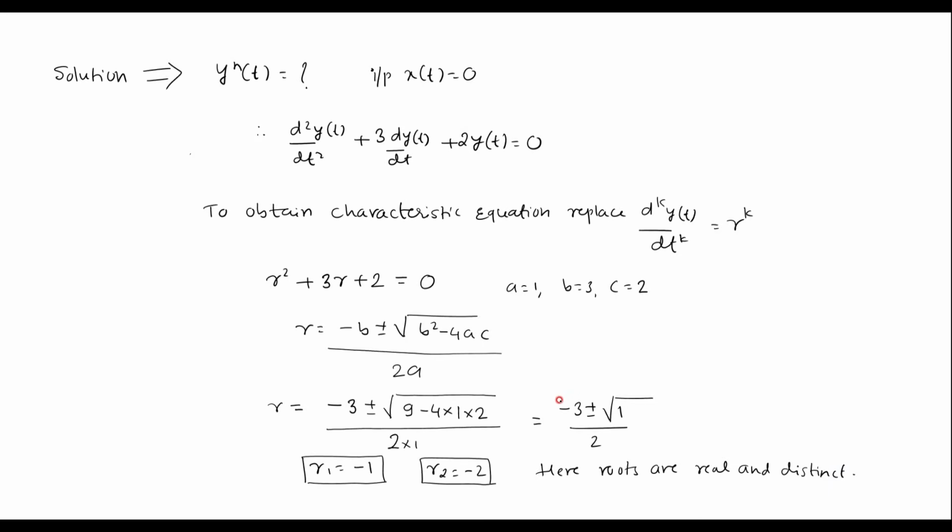Now let's find the natural response of the system. In general, we can write it as c1 e^(r1 t) + c2 e^(r2 t).